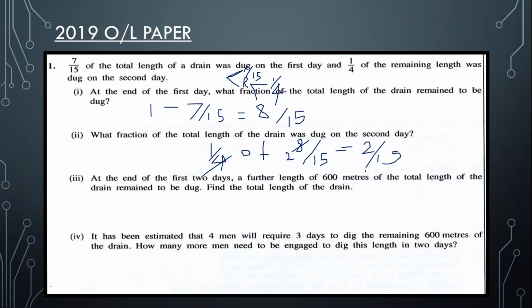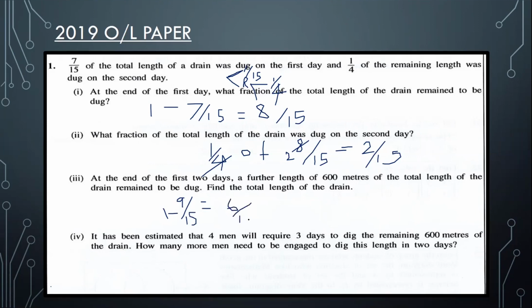First day you have 7 over 15, second day 2 over 15. So totally after 2 days, 9 over 15 has been dug out. Okay. So the remainder is going to be equal to 1 minus 9 over 15. So that is going to be equal to 6 over 15.